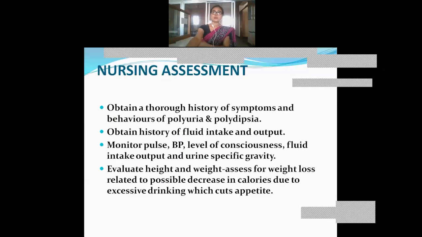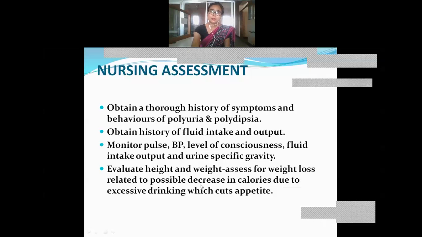And nursing assessment. In nursing assessment, what we do is obtain subjective and objective data. Here you have to obtain a thorough history of symptoms and behaviors of polyuria and polydipsia, and obtain history of fluid intake and output, and monitor pulse, BP, level of consciousness, fluid intake, output, urine specific gravity, and evaluate height and weight for weight loss related to possible decrease in calories due to excessive drinking, which causes loss of appetite.